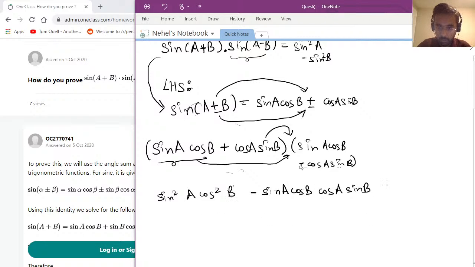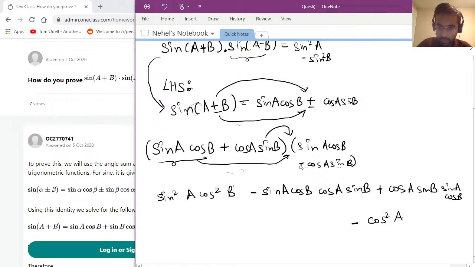And what will I get? I will get plus cos A sine B sine A cos B, and then I will also get minus cos square A sine square B. So if we look at these two terms in the middle here, we can see that they're actually exactly the same. They just have the terms written down differently, but we know multiplication is commutative like we just learned, so we can cancel these two terms together since one is negative and the other one's positive.